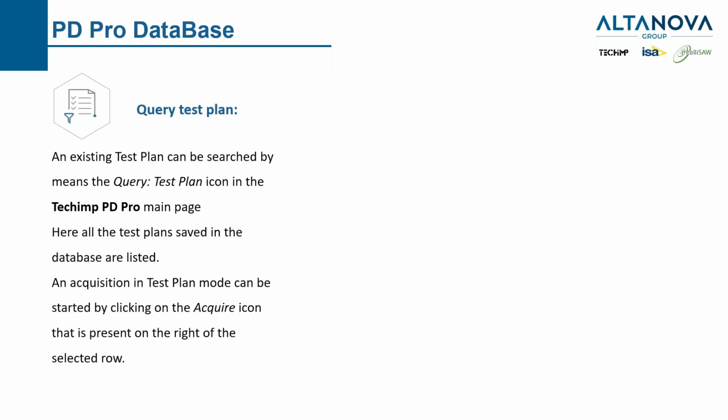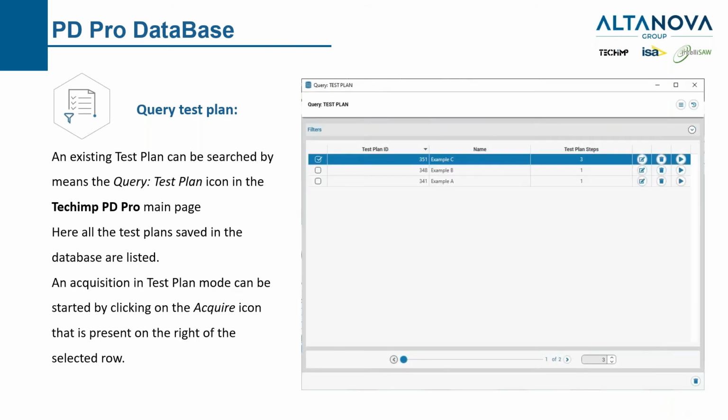Last, the query test plan. There is the chance to save in the DB not just the PD data, but also the test plans. That will be a route to follow when testing. It's very popular, for example, for the laboratory testing in IEC 60270 standards.